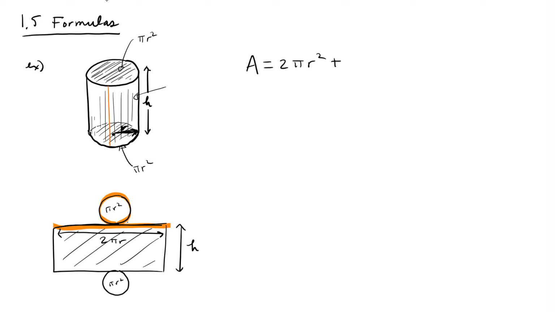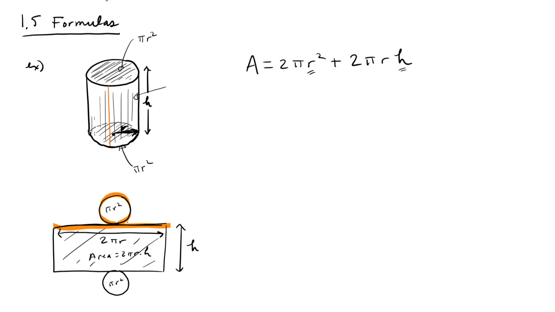So the area just of that part is 2 pi r times h, right? It's the area of a rectangle with height h and width 2 pi r. So what I need here is 2 pi r h. And that's great, right? It's going to give me the area if I know r, if I know h.